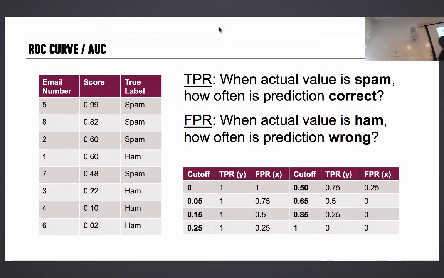So for example, if I have a cutoff rate of 65%, my true positive rate is 50%, and this is using this data, exactly. It's theoretical in nature, but all of this is coming from this sample over here on the left-hand side with these 8 emails. So if we chose a cutoff rate of 65%, let's actually look.